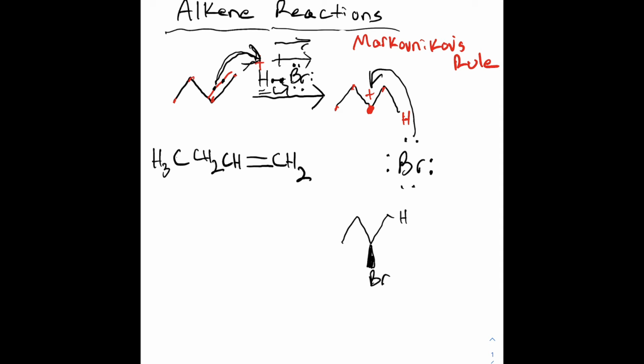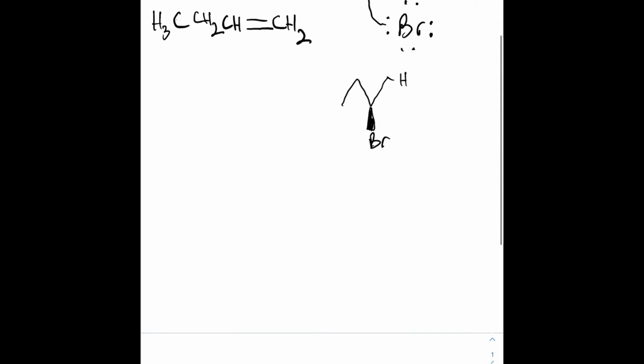This bromine can attack this positive charge from either side, so you're going to have a mixture of products. You're going to have a product where the bromine is in the front, and a product where the bromine will be behind the plane of your paper.